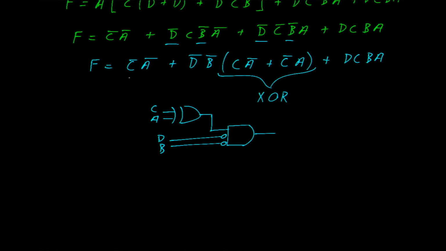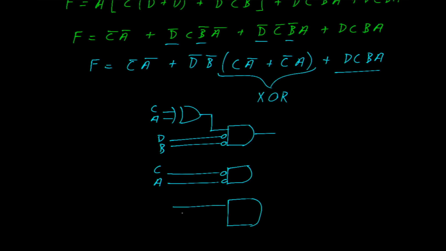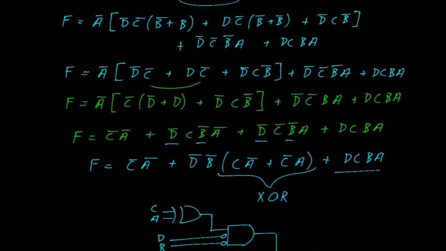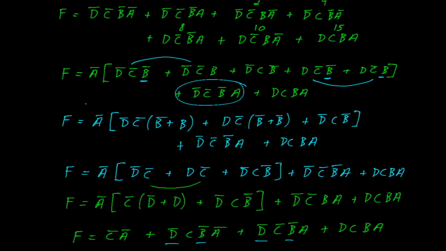We have an AND gate with C naught, A naught. And we have a 4-input AND gate with inputs D, C, B, and A. And all of that is ORed together. Now that's not an unreasonable circuit, but maybe we can do better.